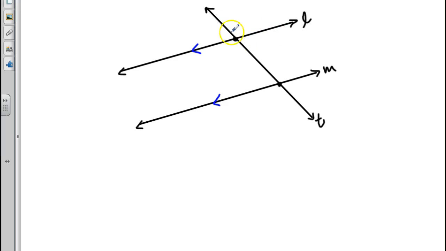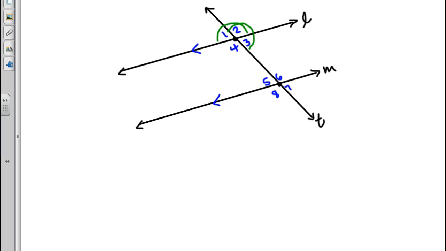When I have two parallel lines cut by a transversal, on the cut, it makes four angles here with line L, and then four more angles here with line M. All right, there are relationships between these angles. Now, you guys know from the last chapter that there are relationships here with angles 1 and 2, linear pair, angles 2 and 3, linear pair, 3 and 4, 4 and 1.